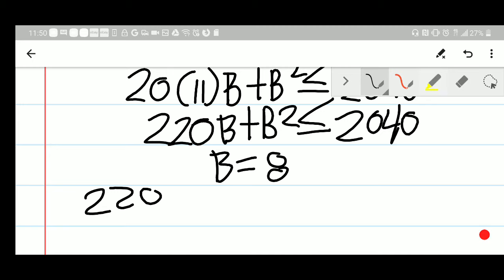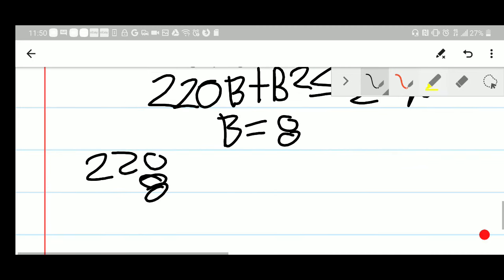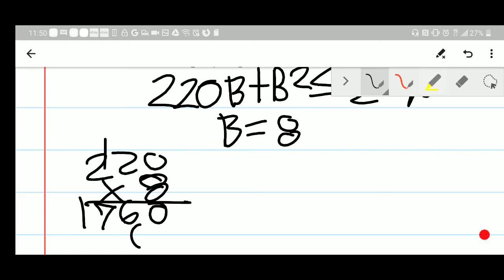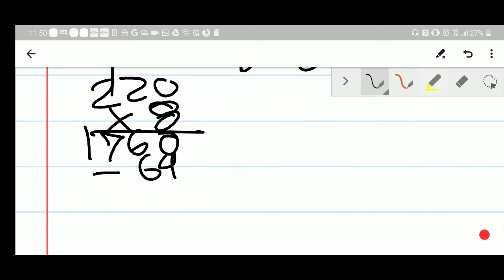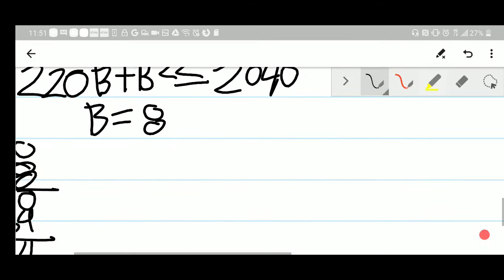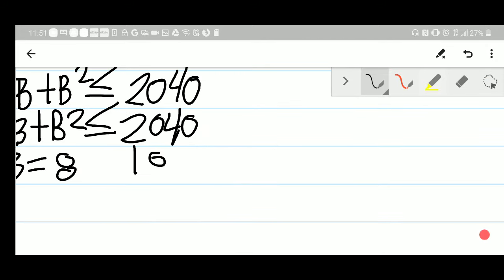So 220 times 8 would be 1760, and then 8 squared is 64. So that's 1824. So 1824.